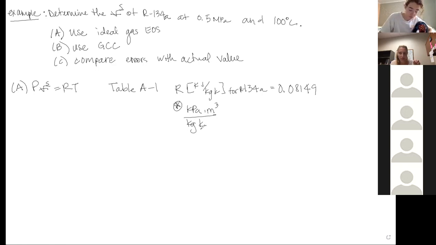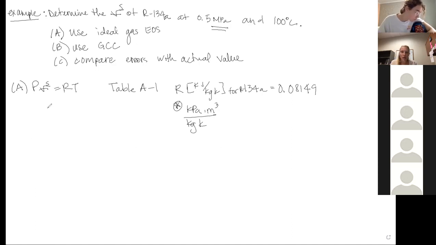Hopefully that also is in your book. So we can choose, thank you, Brianna, which one we want. For this problem we were given megapascal, so I'm going to choose the one that already includes Pascal: 0.0815 kilopascal cubic meter per kilogram Kelvin.